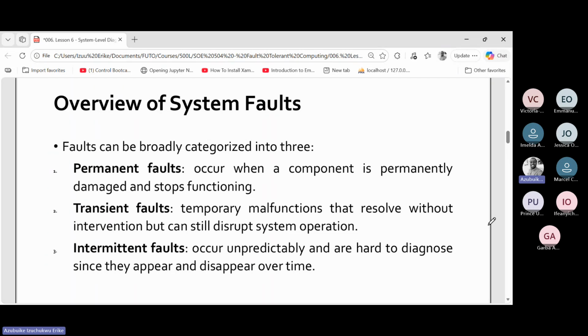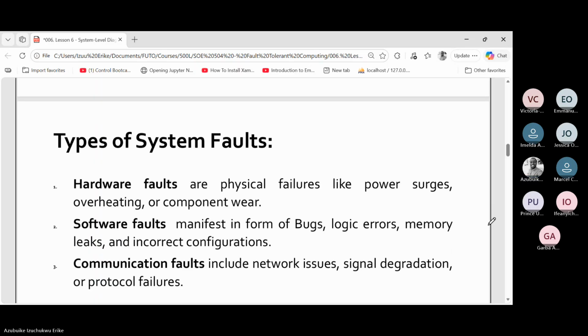And I told us that these faults may come as a result of maybe environmental factors, maybe the operation of waves around the environment where the system is being operated.